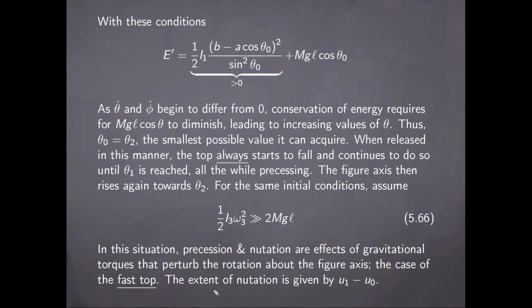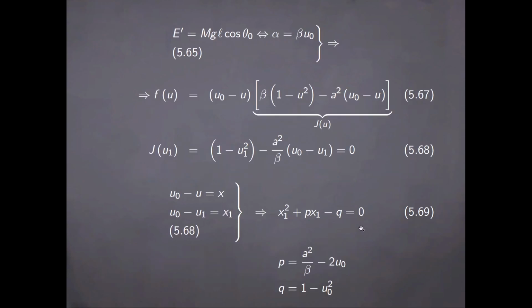For such a system, the extent of nutation is given by the difference between the two values of u1 and u0. So if we look at the initial value of the energy, which is just the initial potential value, for vanishing precession and nutation rates, and by removing the spin rotation from the discussion.